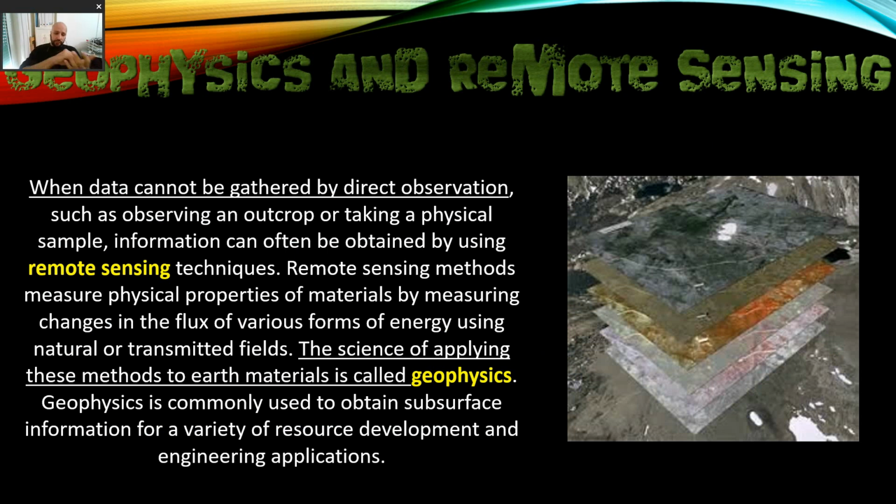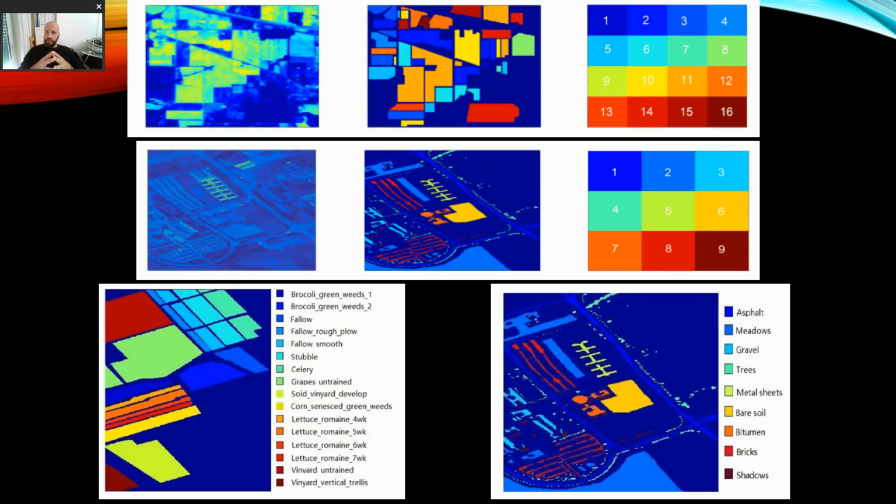And when you apply this to the Earth materials, we can call it geophysics. So geophysics and remote sensing can be helpful also without a typical instrument like a GPR or something like that, but even using multispectral images. Multispectral or hyperspectral images can be helpful to understand the signature of what we have on the surface of the planet Earth. This is just an example with asphalt, meadows, gravel, trees, and whatever.